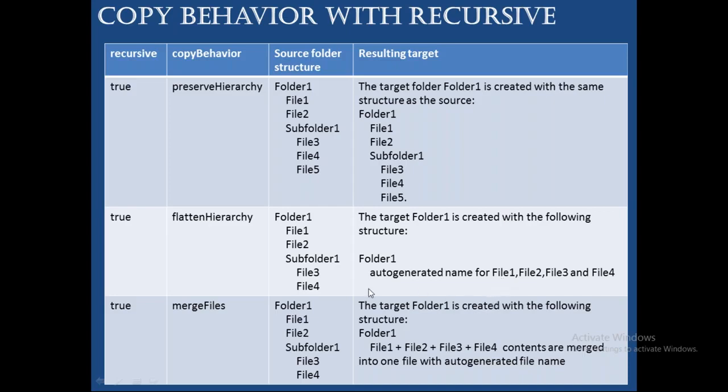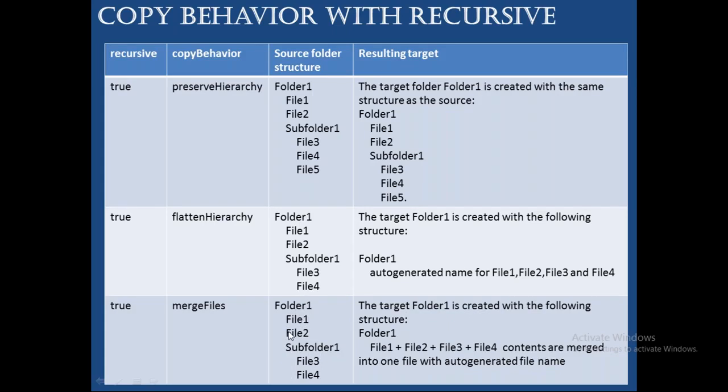Okay. Next, let's say recursive is true, and copy behavior I will select as merge files. Now merge files means, you see in folder 1 you have file 1, file 2, in the subfolder you have file 3, file 4. Now what it will do, with recursive true and merge files, is pick all these 4 files.